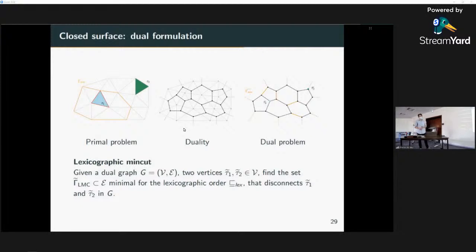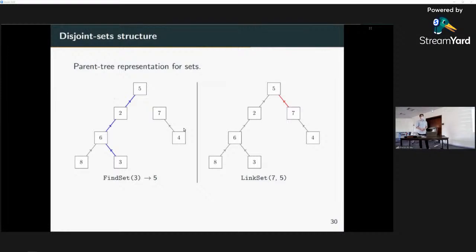So how do we verify this property of separation in this dual graph? We use a classic structure, the disjoint set structure. We can see it as a tree representing each set. If we want to verify that 2 elements are in the same set, we call the find set operation. In this example, if we call find set 3, we get the root element of the set, 5.